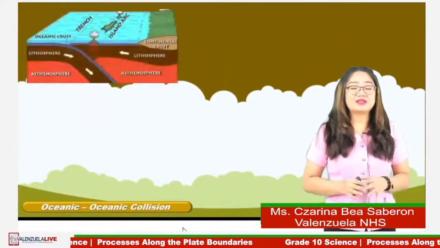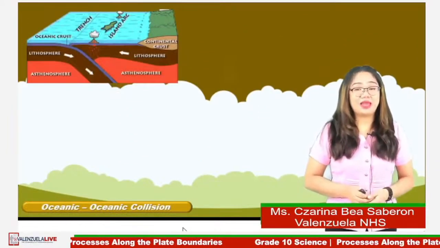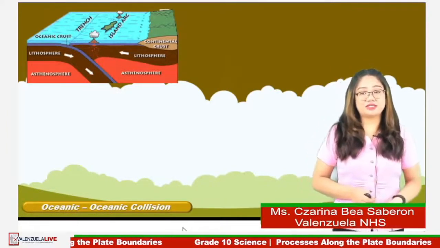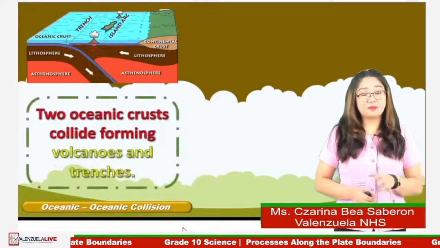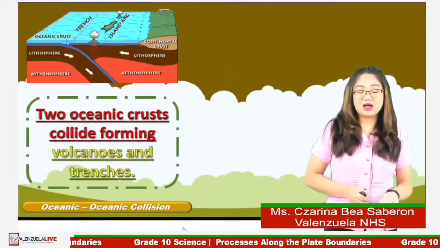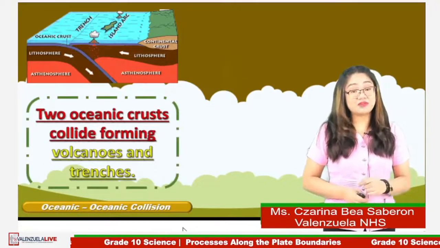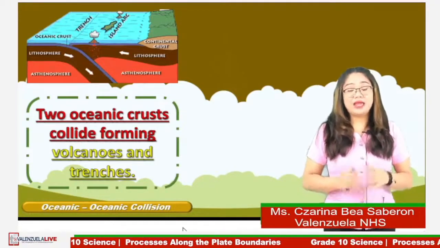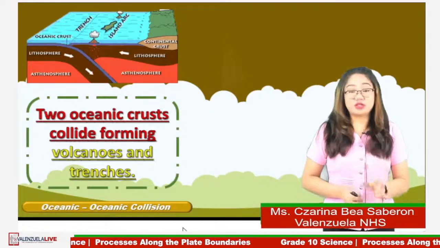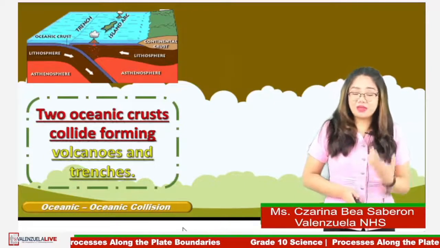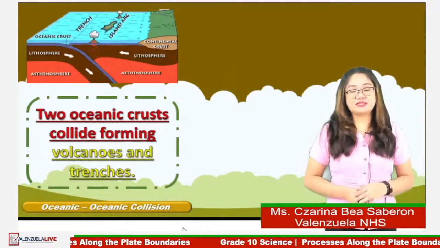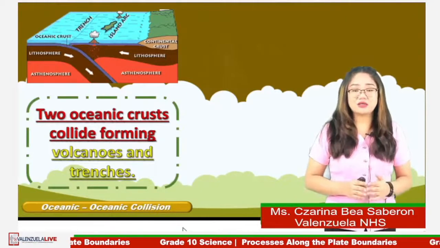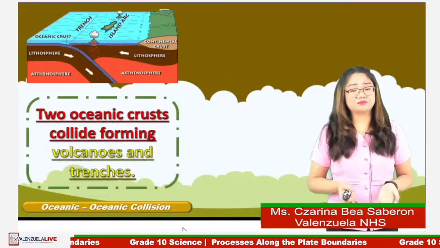And down to the last type of convergence, we have the oceanic-oceanic convergence, where 2 oceanic plates are colliding, causing volcanoes, specifically the underwater ones or the submarine volcanoes, and what we call trenches. So in this kind of convergence, since both of them are oceanic crust, which one would subduct?